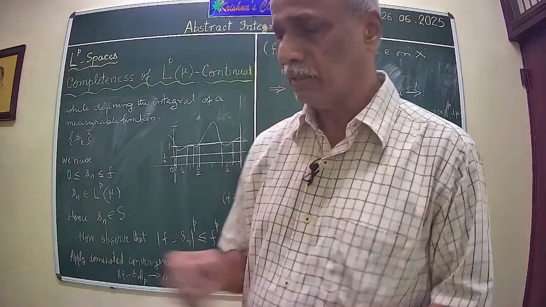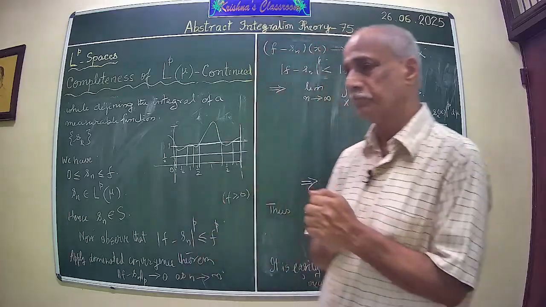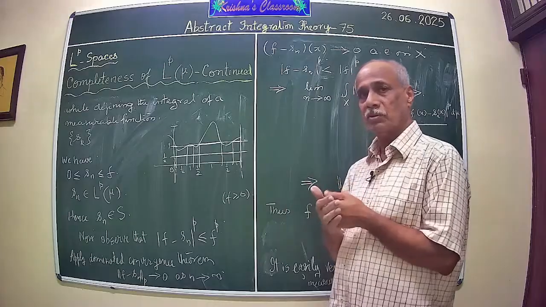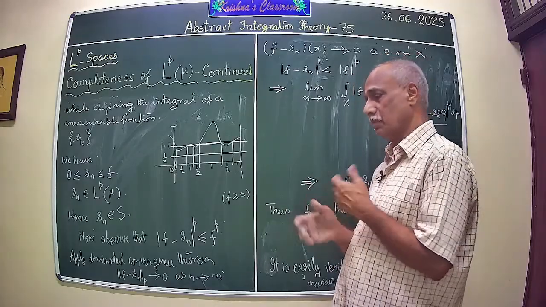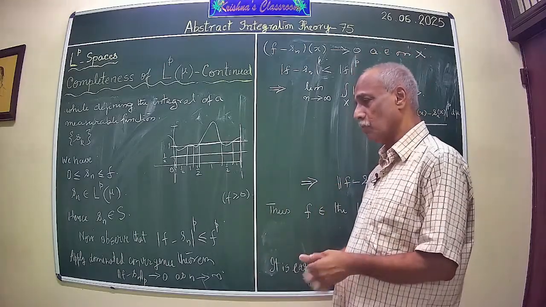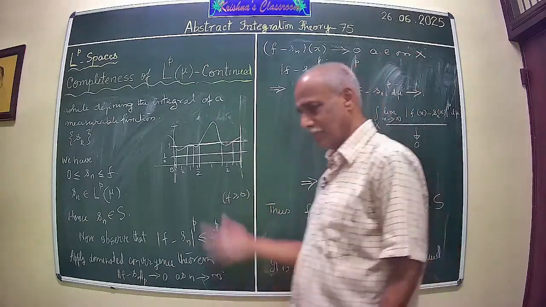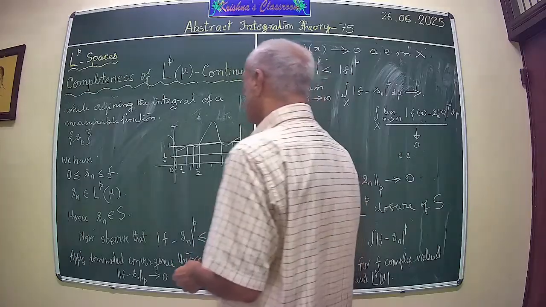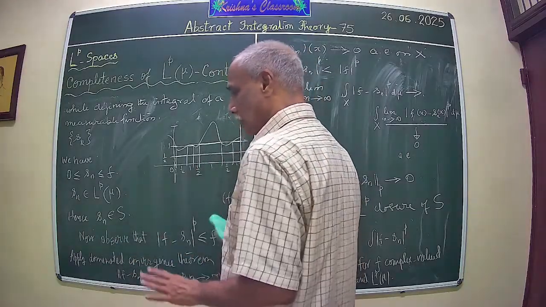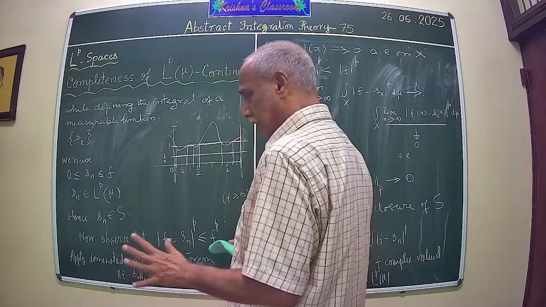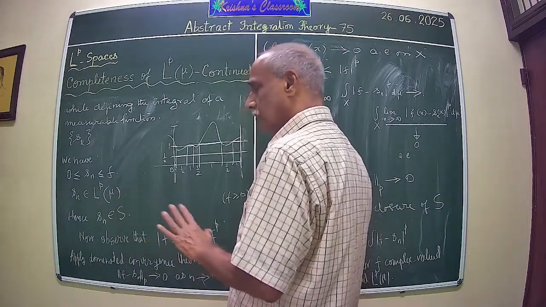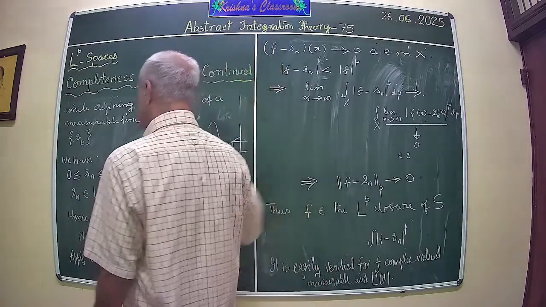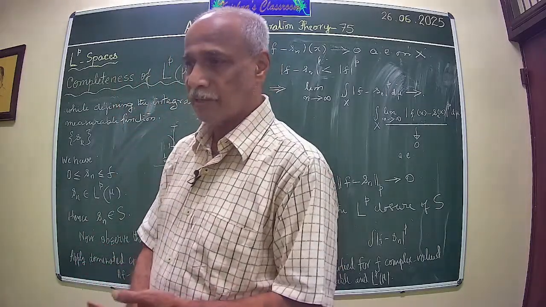So with that we conclude today, and now we go to study the similar problems with more structures on X. Here we don't have any extra structures on X, except that there is a measurable class, the sigma algebra of measurable functions, and mu is defined on that. Okay, so thank you very much.